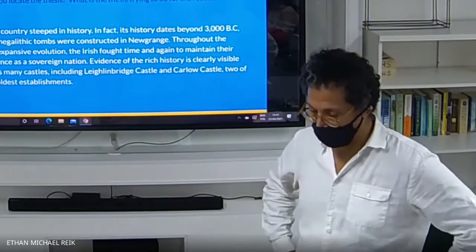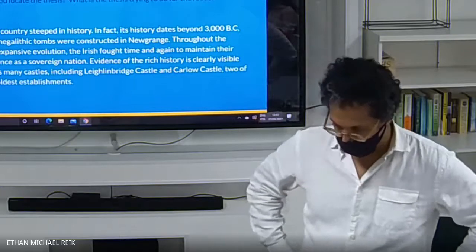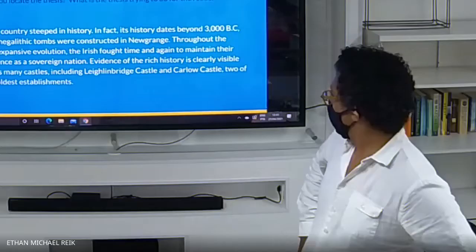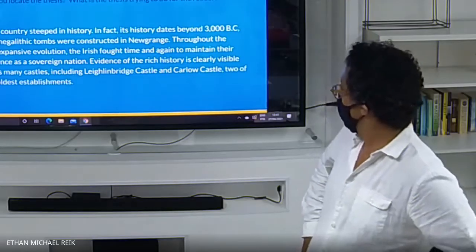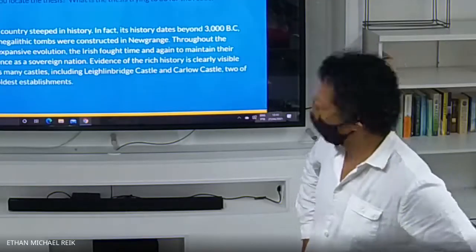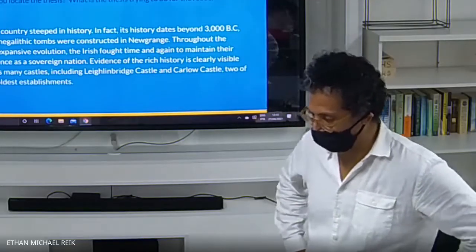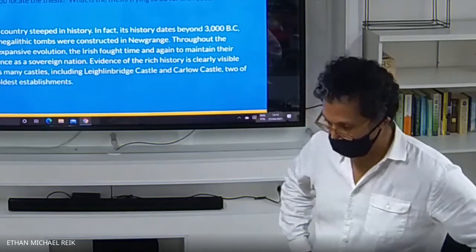Yes, and what argument are they making? They're making the argument that it has a rich history, and they're explaining why they do. Through its castles. How are they making the claim that it has a rich history?